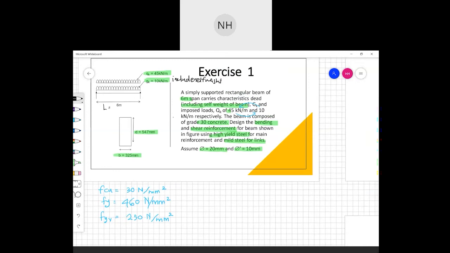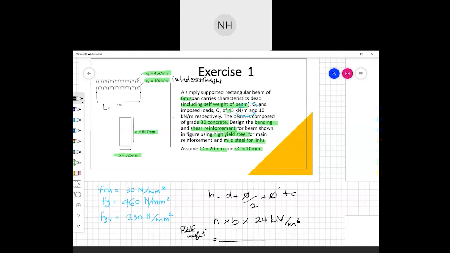Macam mana you nak kira self weight, you boleh kira H, then you dapat H and you boleh kira B times D times 24 kilonewton per meter cube tu, you boleh kira dia punya self weight.